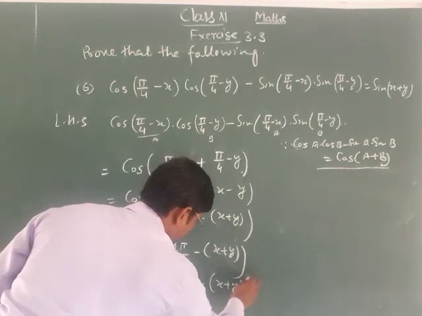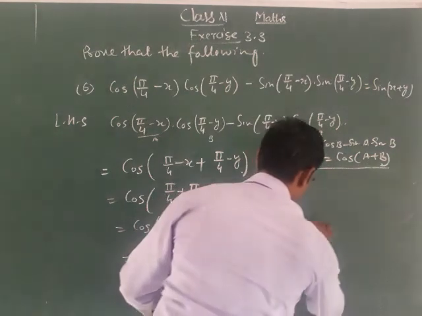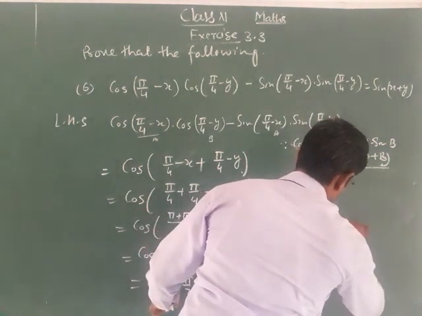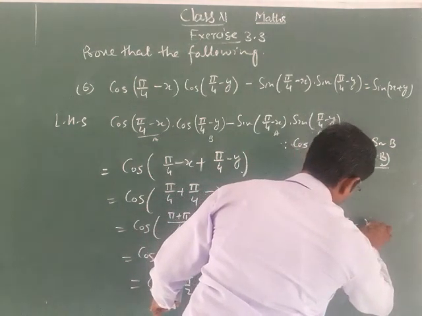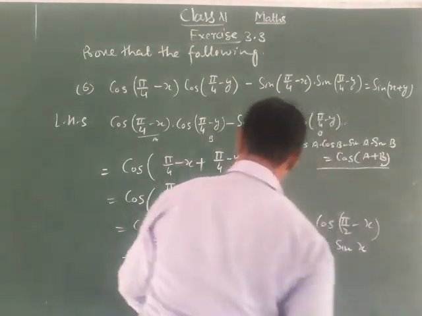So this is cos, since cos(π/2 − x) is equal to sin x.